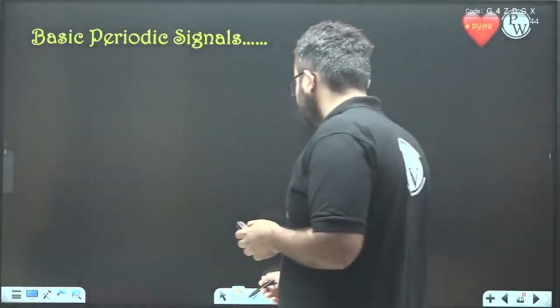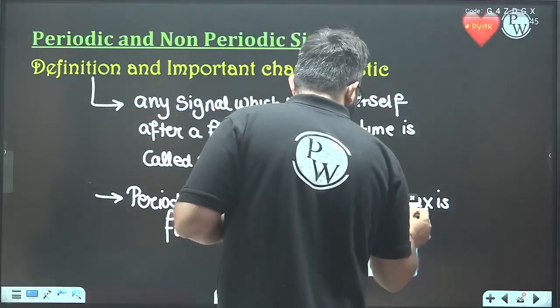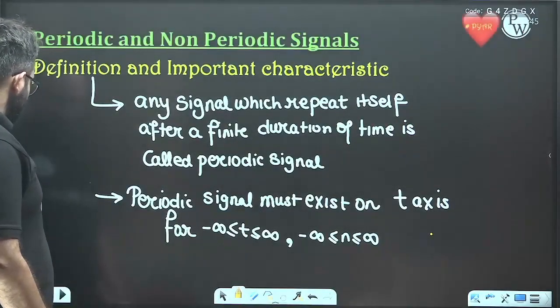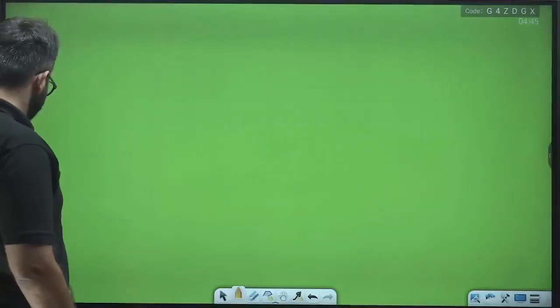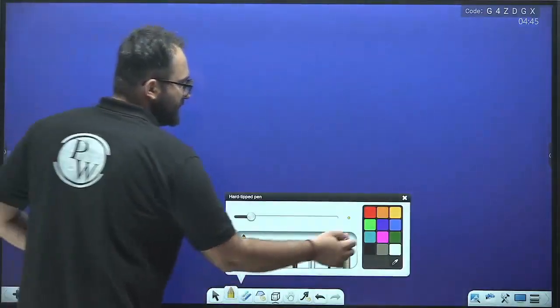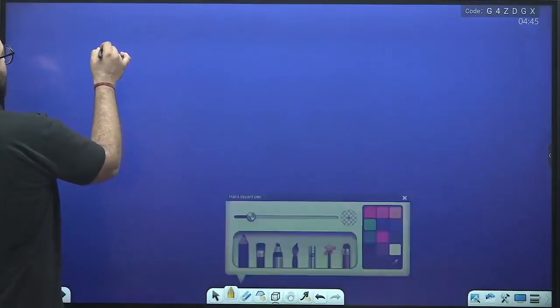Okay. Now there is one more definition part. One more point is there.